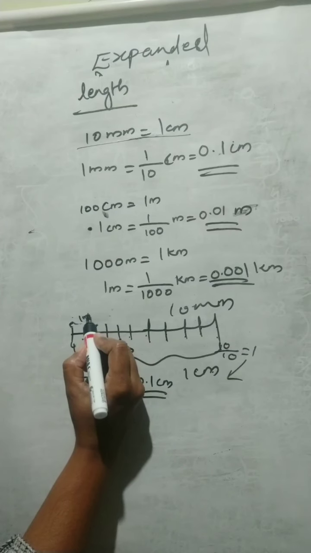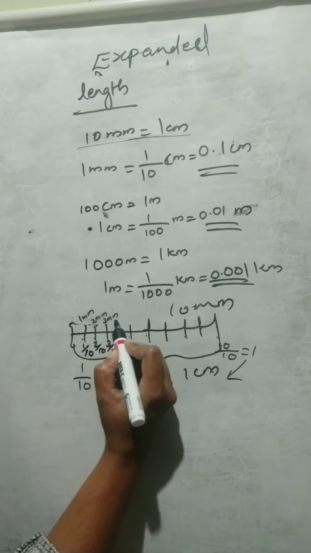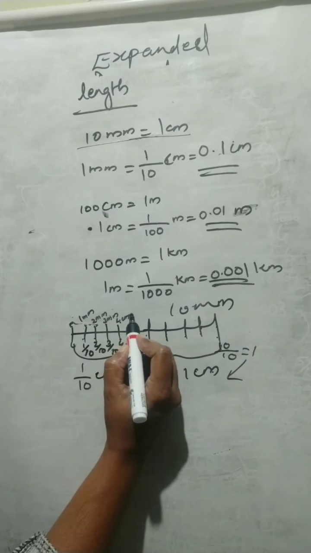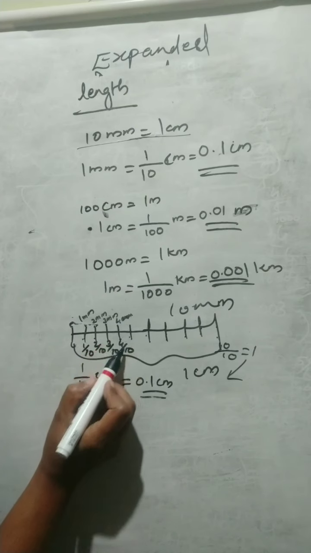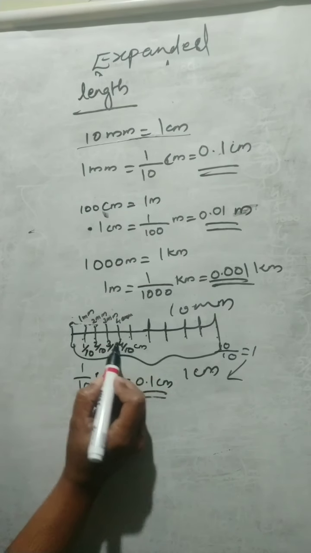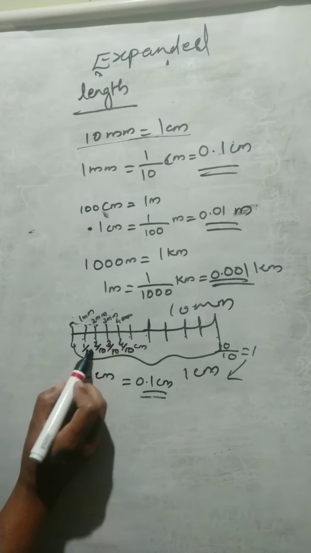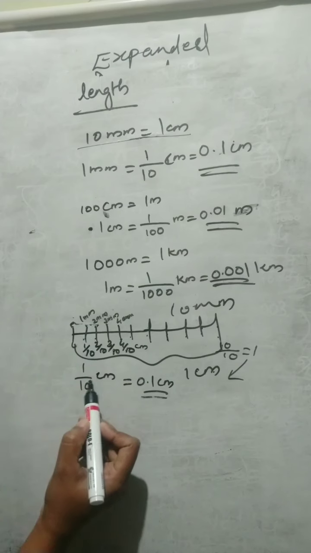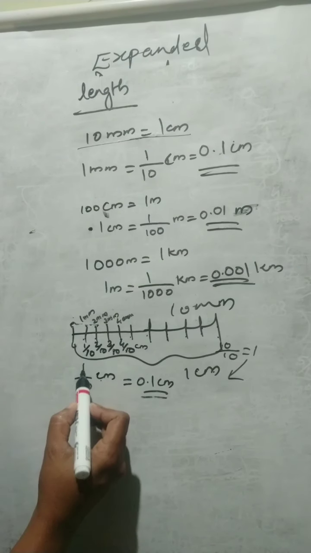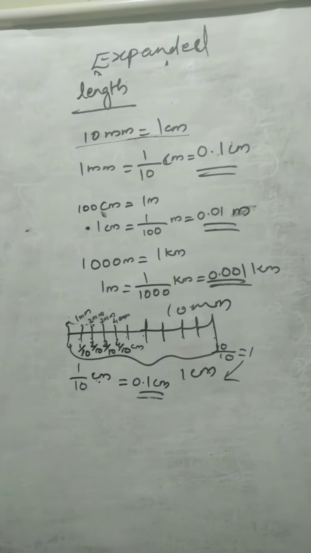So we can say these will be equal. 4 millimeter and 4 on 10 centimeter will be equal. 3 millimeter, 3 on 10 centimeter, 2 millimeter, 2 on 10 centimeter, and in this way 1 millimeter will be equal to 1 on 10 centimeter. That will be equal to 0.1 centimeter.